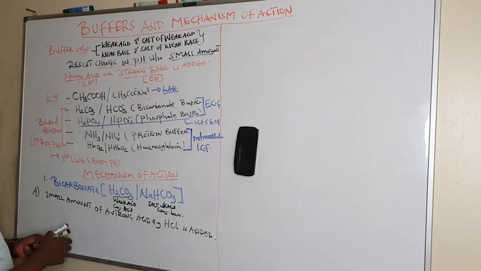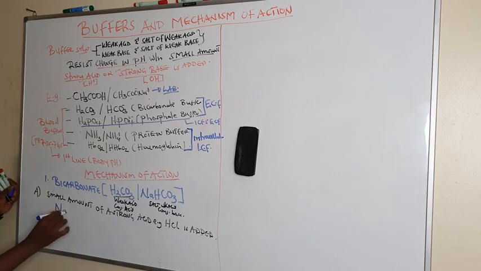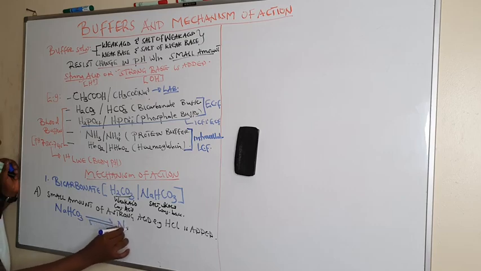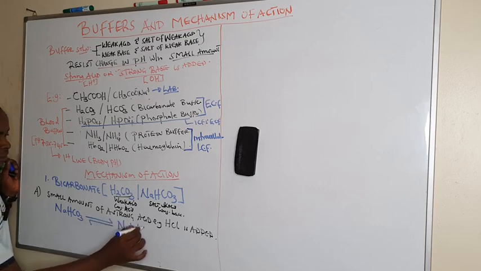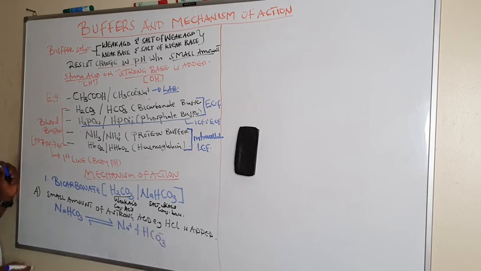we are going to see the conjugate base in this buffer, that is sodium hydrogen carbonate, being a weak base, dissociate partially to produce sodium ions plus bicarbonate ions.